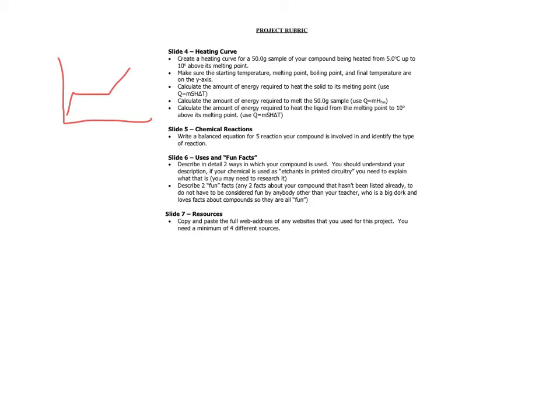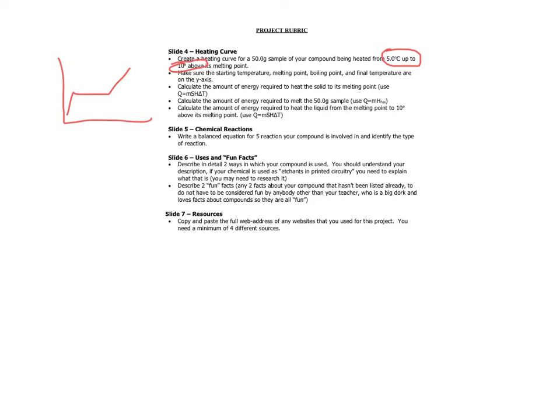You are starting at 5 degrees Celsius, at which case every one of these compounds would be a solid. And you're going to heat it till it's 10 degrees above whatever the melting point is. So your final temperature at the end of the graph is going to be different depending on what compound you have. All right, the shape of the graph should look the same.